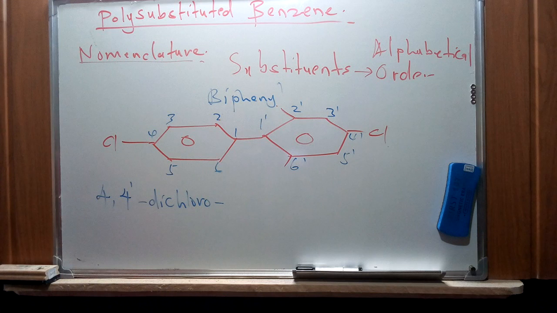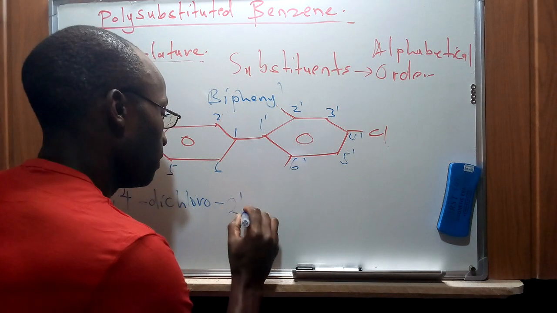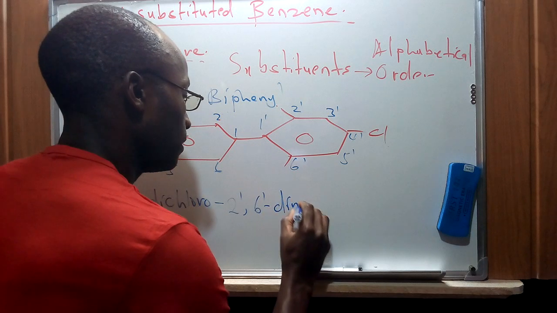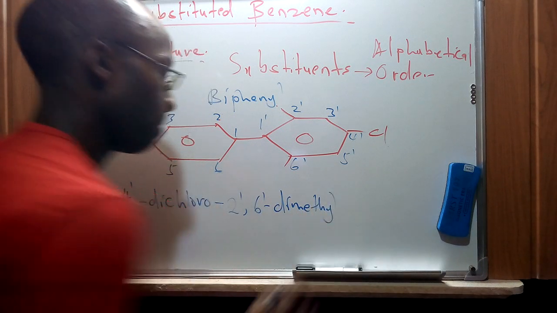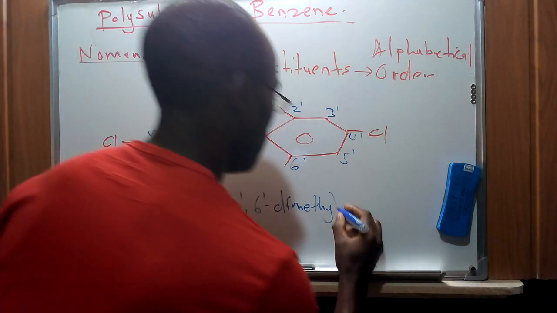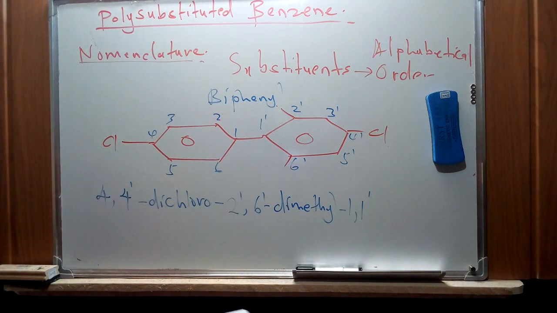So it is a 4,4'-dichloro-2',6'-dimethyl, and then 1,1'-biphenyl.